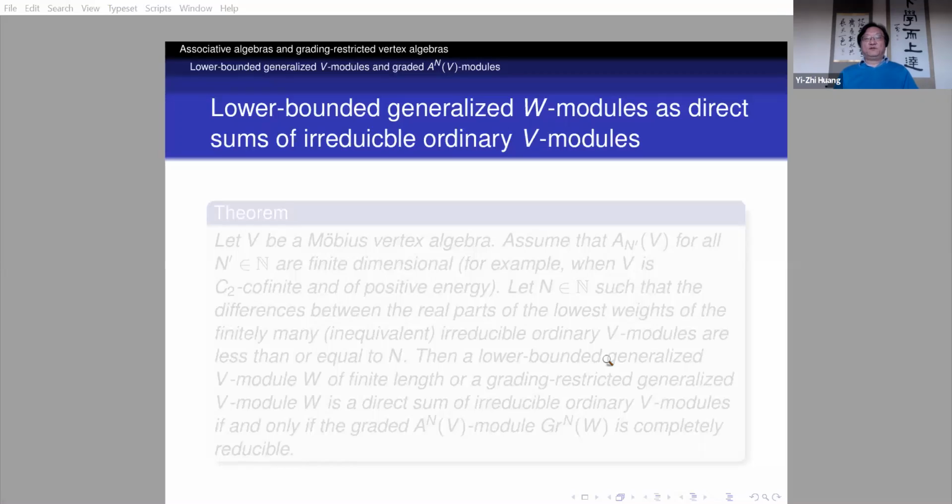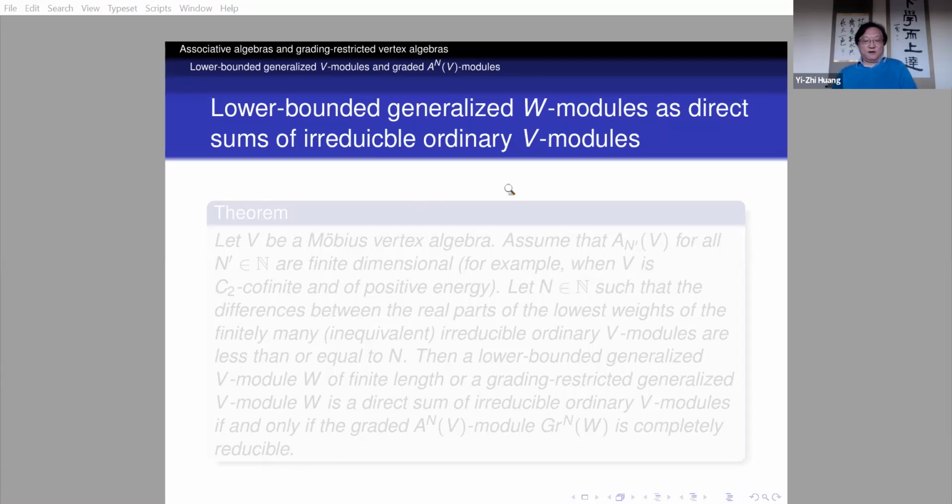So we are interested in grading restricted modules, and one of the important things is to see whether a lower bounded generalized module is actually grading restricted. This is one of the important types of problem.